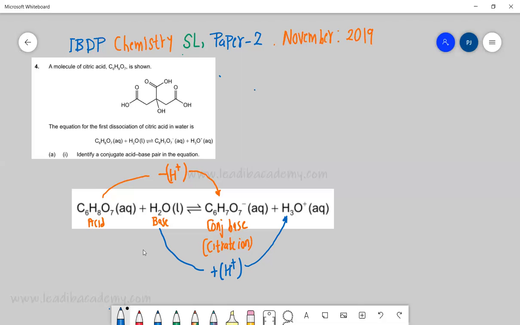So this is the base, so obviously this has to be the conjugate acid. Very, very simple. This is as per Bronsted and Lowry theory.